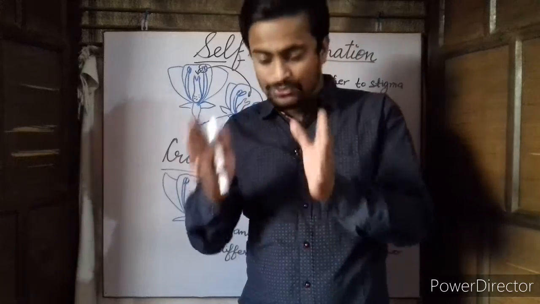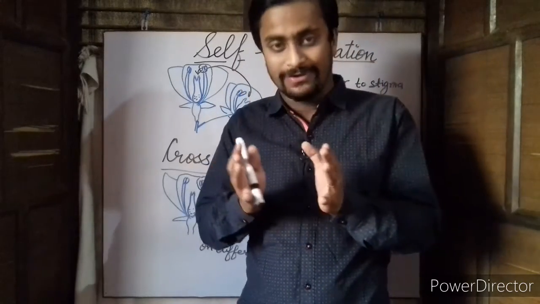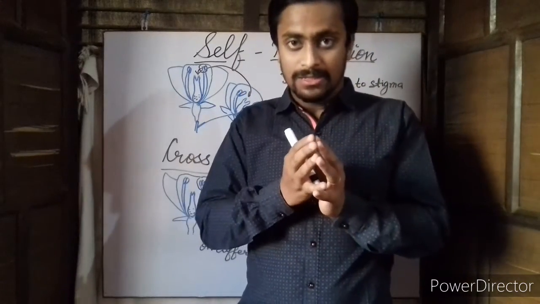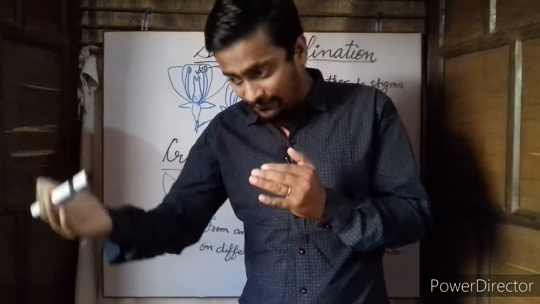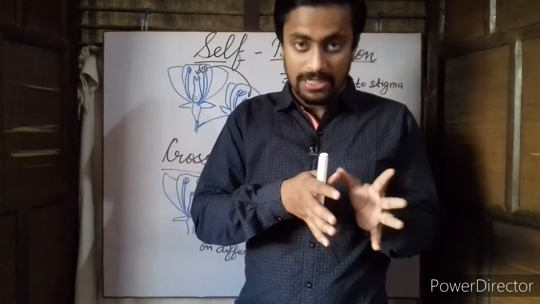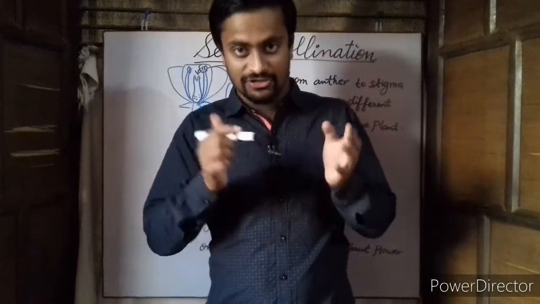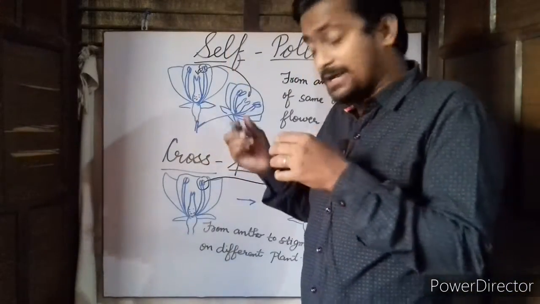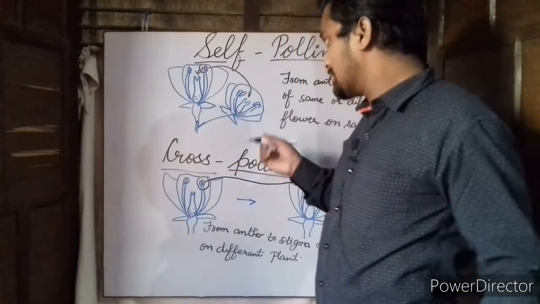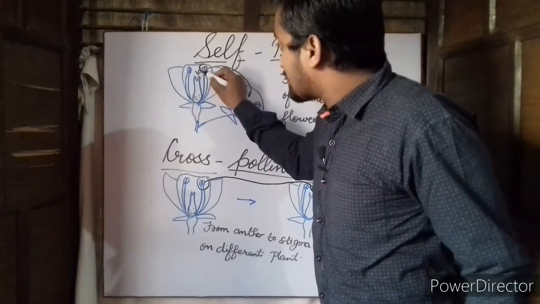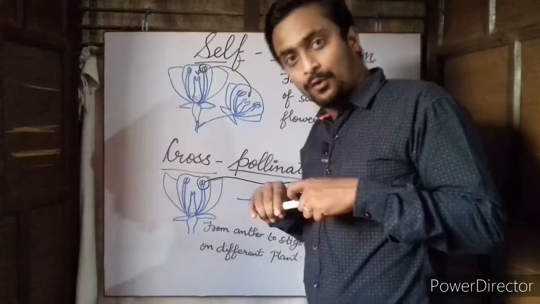Also, when the transfer of pollen grains from one anther takes place to the stigma of a different flower, but this flower is present on the same plant, it is called the self-pollination process. Now this will become clear with this example. Suppose the anther contains the pollen grains.